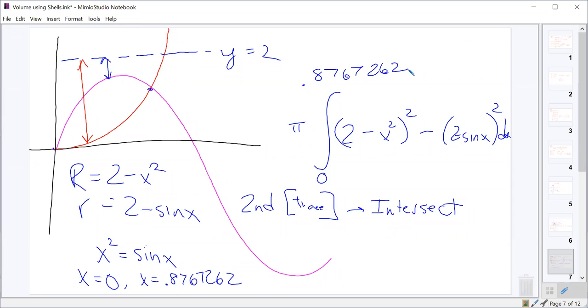Did anybody get a value for that integral? 1.426, that sounds like something other people got? That seems reasonable. Anybody, 1.426? Or did you get something different? Riley, what did you get?